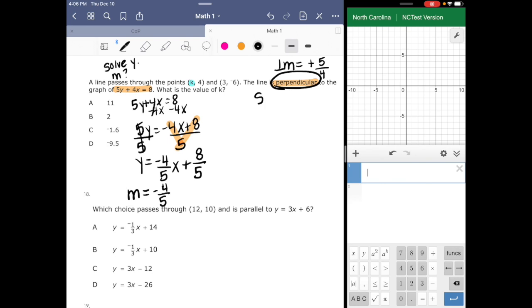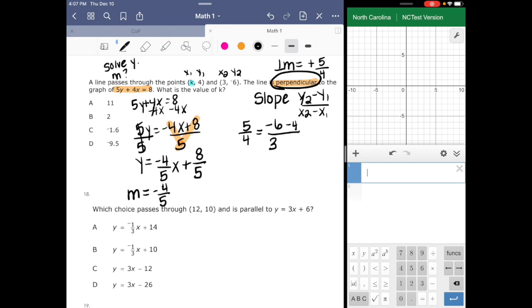Well, if I have 2 points, I can use those 2 points and I can find the slope. So remember, my slope is going to be y2 minus y1 over x2 minus x1. So this is x1, y1, x2, y2. So I know my slope. My slope is 5 over 4. So my y2 is negative 6 minus 4.